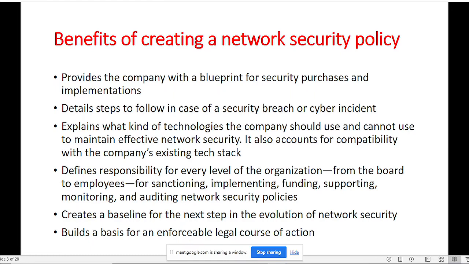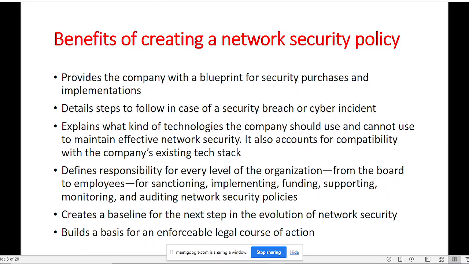It could be an incident, it could be a disaster, on how to handle such a case. And it also gives us a clear understanding of the technologies that are used there. It could be the various applications, hardware, software.